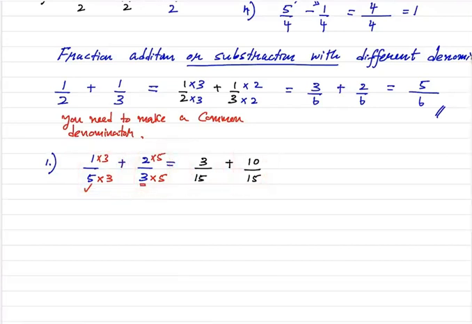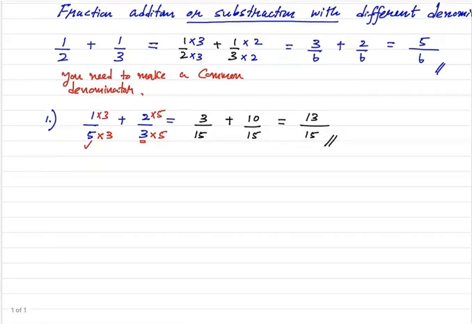I hope you understand that. Then you can see, yes, 15, 15, common. That's why we say common denominator. So we got that, 15 here. So the numerators you can add. Answer is 30 over 15. Easy, right?